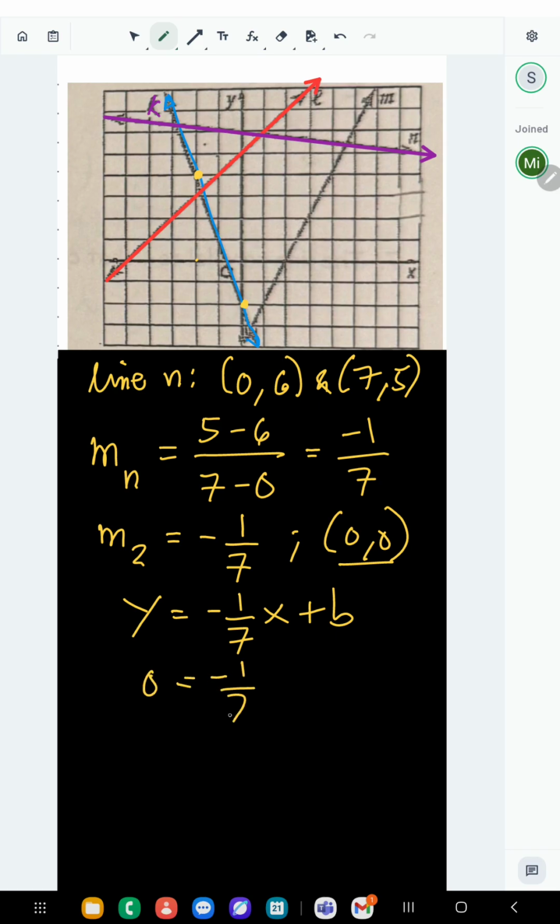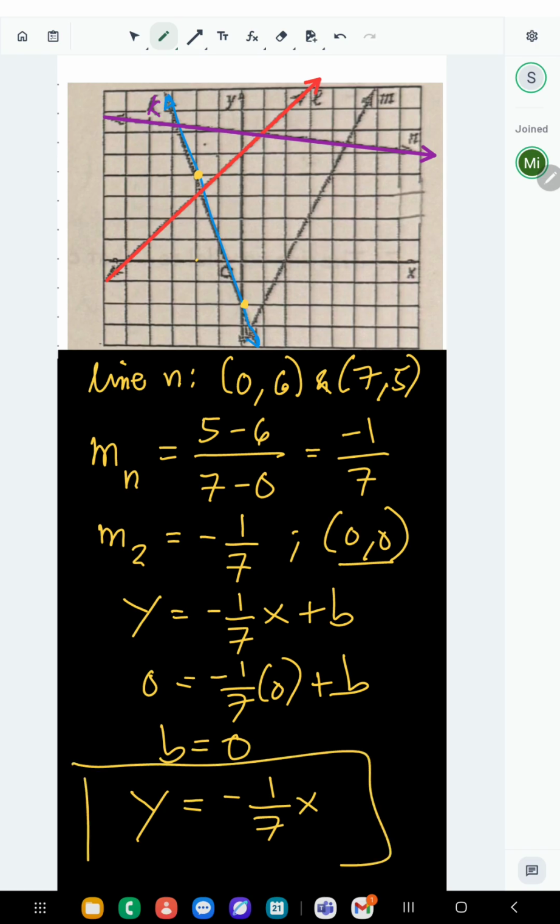If we plug in the values of x and y here, our y-intercept is 0. Therefore, our equation is y equals negative 1 over 7x. So that is the equation of the line parallel to line N. So that's how to solve it.